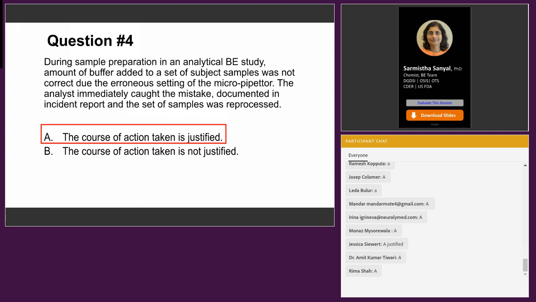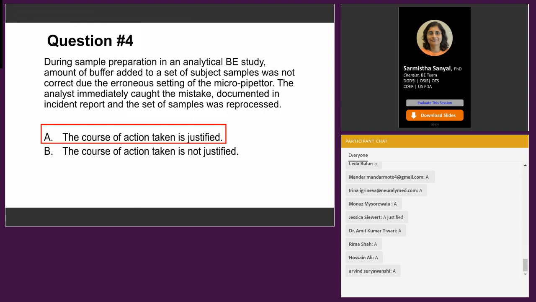In this case, there was an incident which was immediately caught by the analyst, a report was filed, and therefore reprocessing of this sample set is justified.